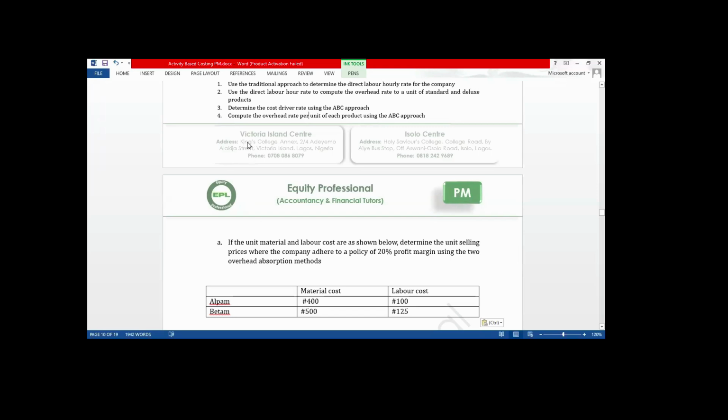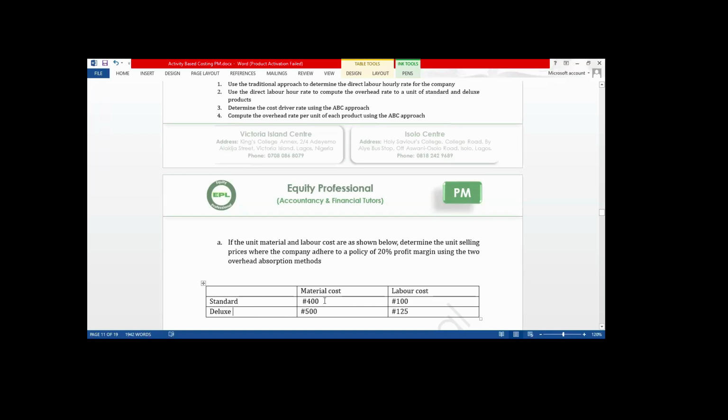Now let's go to that solution. Material cost 400 naira. I will change this to be my standard, and this will be my doulos.